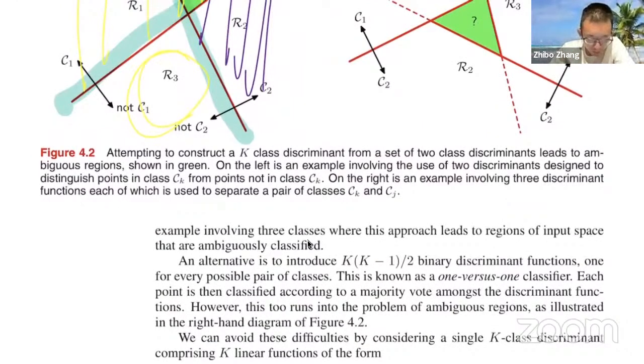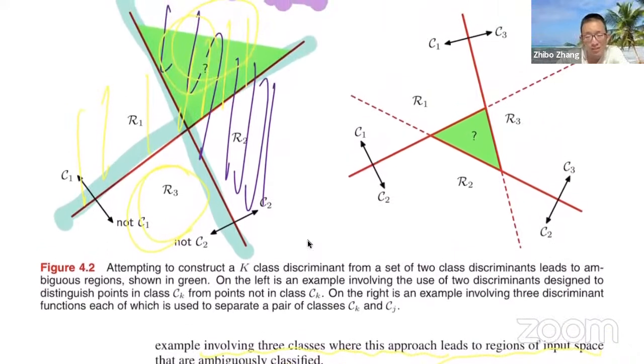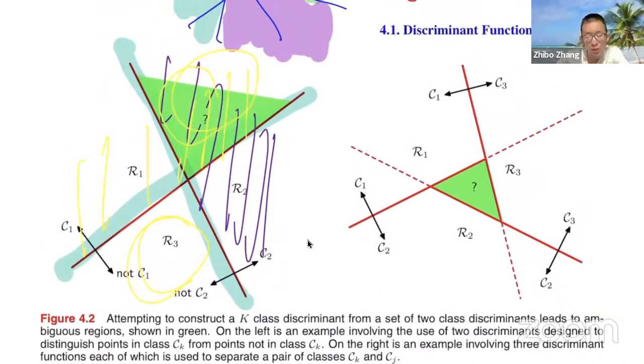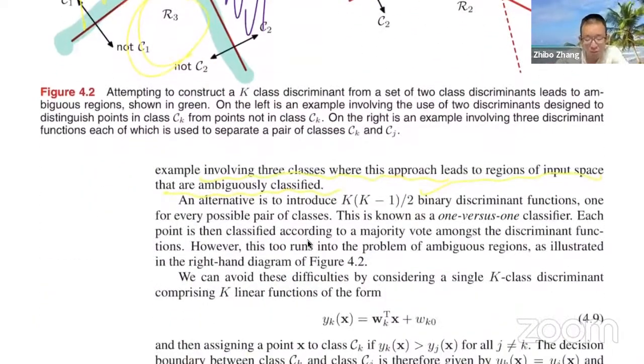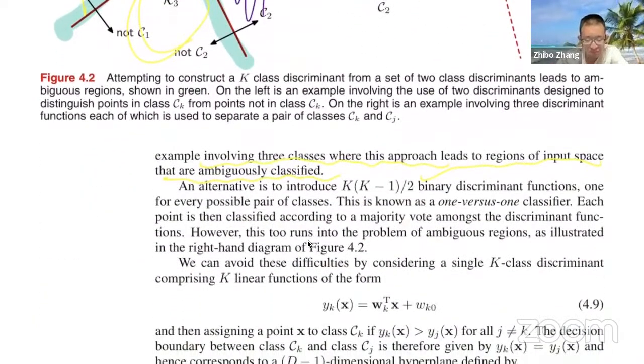So you see the author mentions that when there are three classes, this approach leads to regions of input space that are ambiguously classified. According to our previous definition, this is both C1 and C2, which doesn't really make sense. So we can't simply combine a number of different binary classifiers.